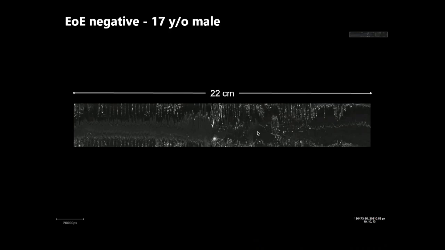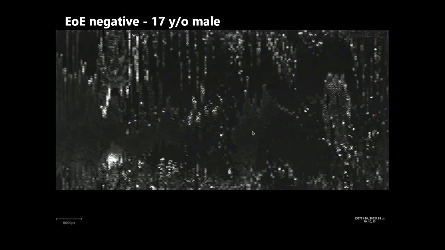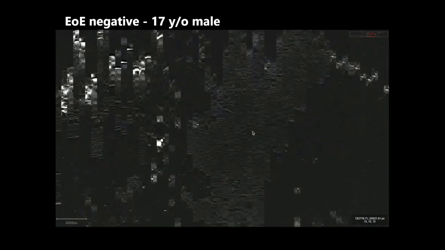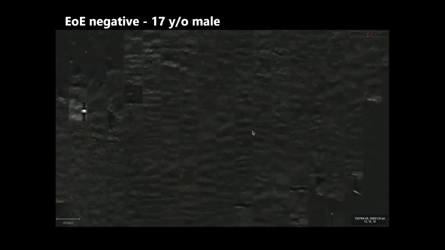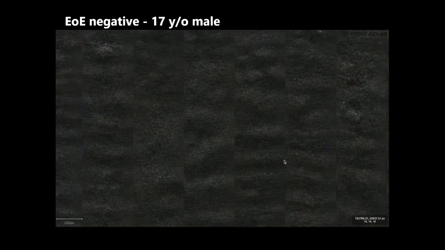So this is a 22 centimeter long full esophagus confocal microscope image of somebody who doesn't have EOE. And as you zoom down into the mucosa, you don't see any of those white dots that I showed you, which were the eosinophil cells.